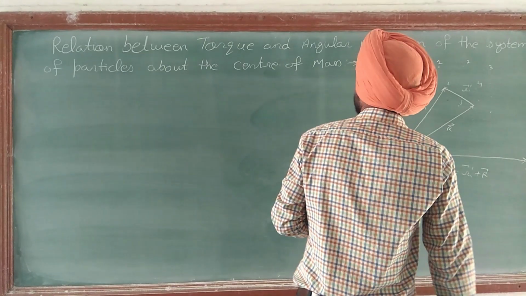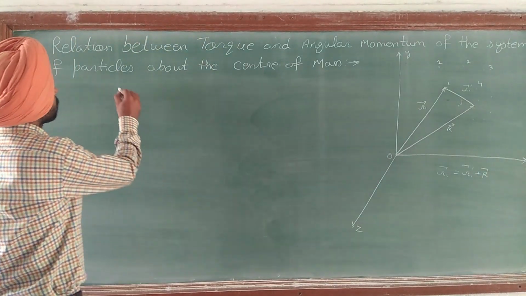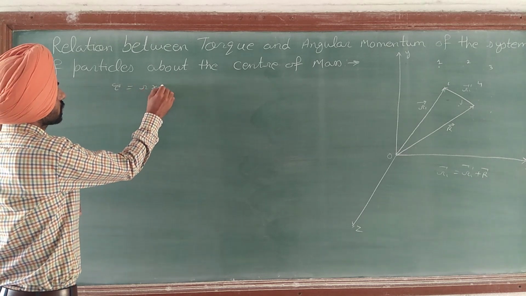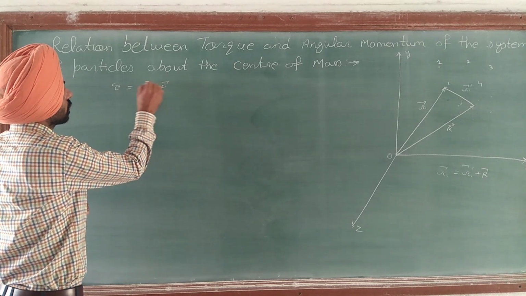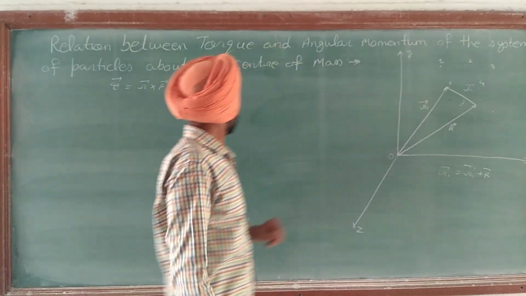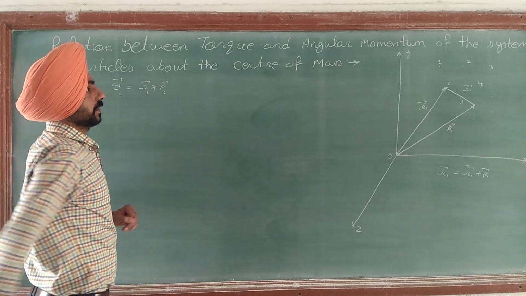As in the previous lecture we discussed torque: torque is r cross F. Now we are interested in the ith particle, so this is tau i equal to ri cross Fi.